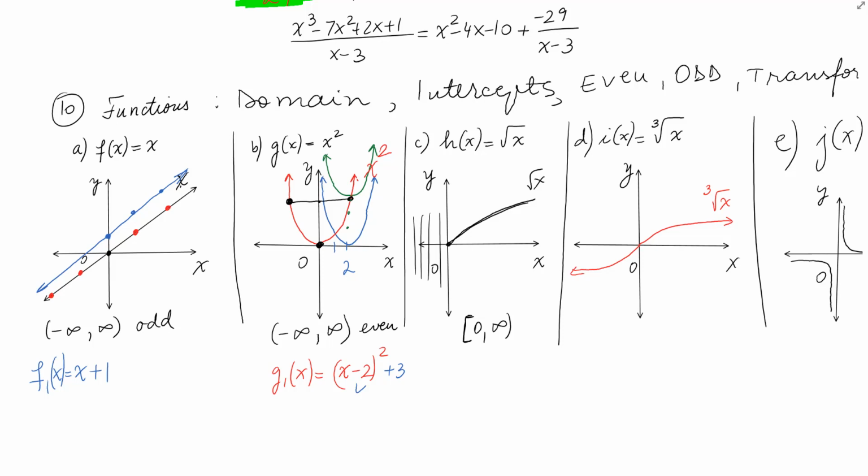This function is neither even nor odd. And for transformations, if for example we come up with h1 of x equals square root of x minus 1, it means we are shifting this 1 unit to the right, so it would give us something like this.